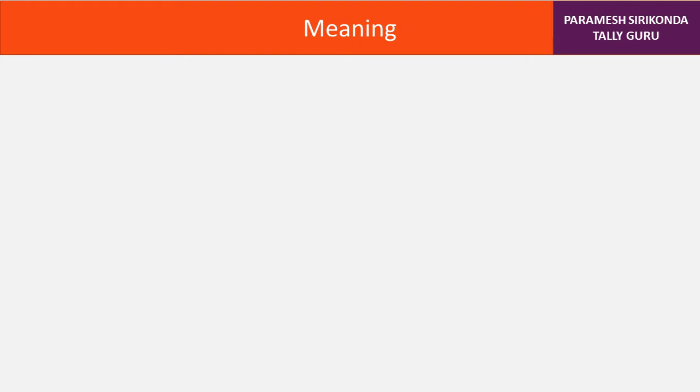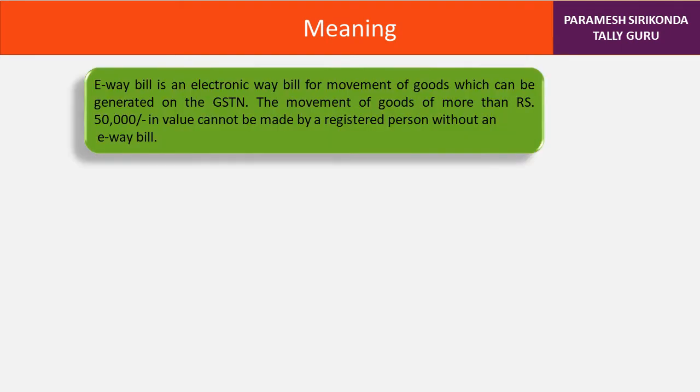So first, meaning. E-way bill is an electronic way bill for the movement of goods, which can be generated on GSTN. E-way bill stands for electronic way bill. If you want to export goods, or if you want to sell goods, you have to generate an e-way bill from GSTN.